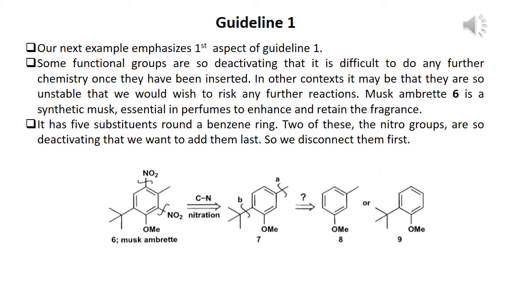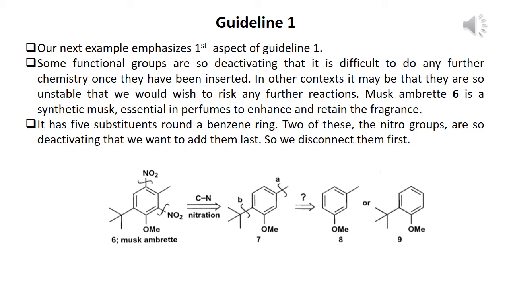It has 5 substituents around a benzene ring. 2 of these are nitro groups, and they are deactivating, so we want to add them at the last. So we will disconnect them first.